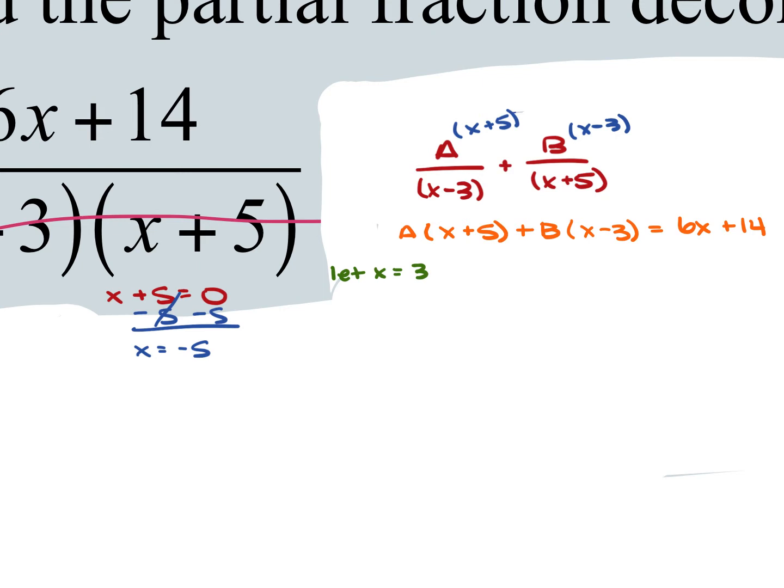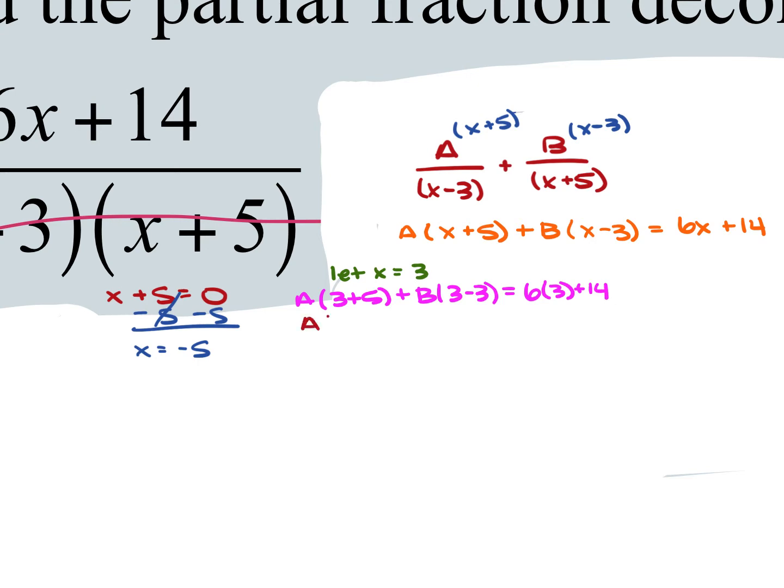You're going to plug that 3 in anywhere you see an x in that orange equation that we just wrote out. So we're going to have a times 3 plus 5 plus b times 3 minus 3 is equal to 6 times 3 plus 14.